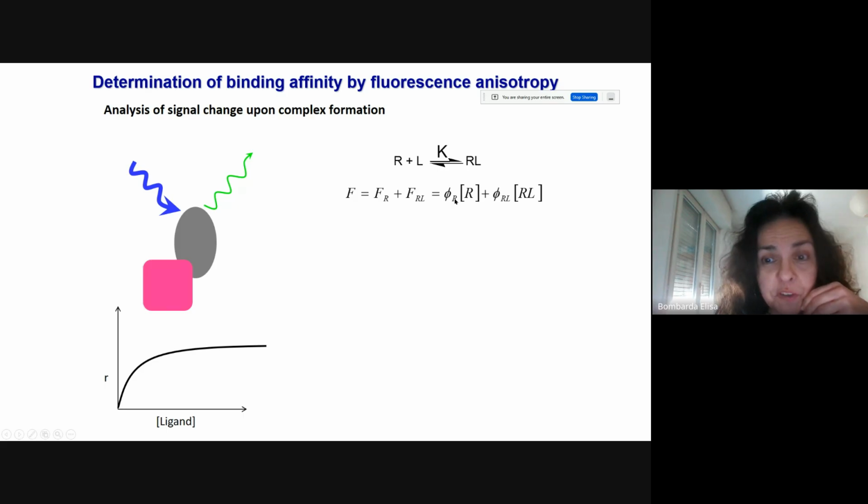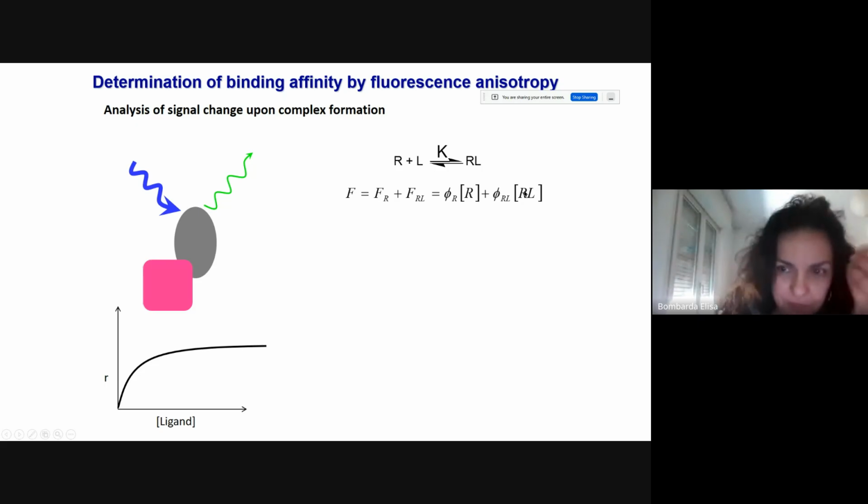phi r, we didn't define the quantum yield yet, but we will see this later. That is practically the emitting property, the yield of the emission for the receptor and for the complex, and of course the signal depends on how much receptor I have and how much complex I have.